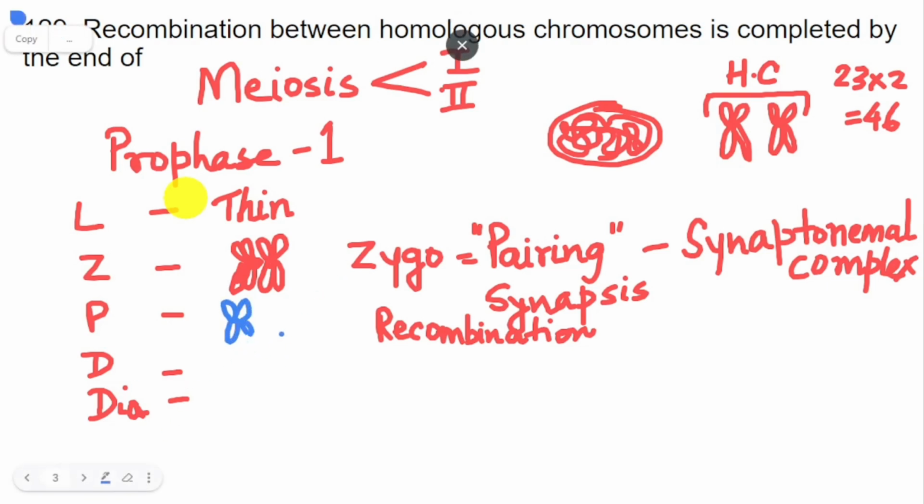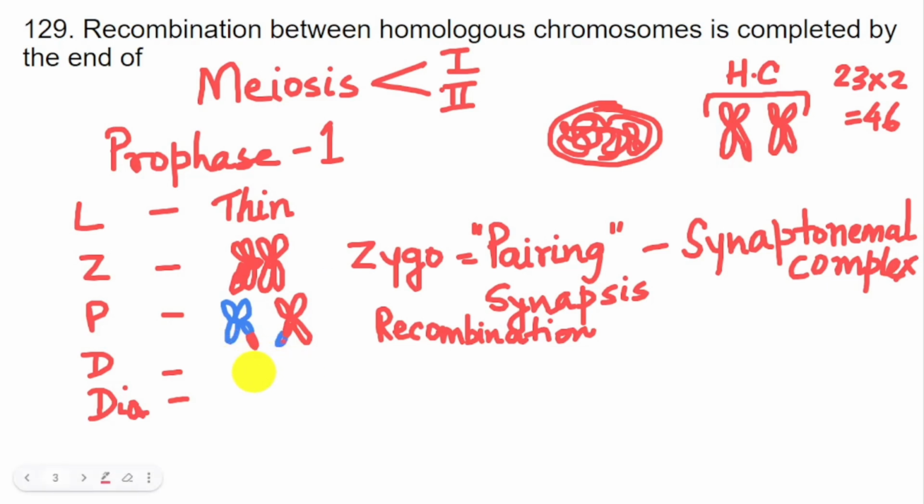And this is the other homologous chromosome. So in this figure you can see these two chromosomes, they have exchanged their arms. So these are called the non-sister chromatid arms.